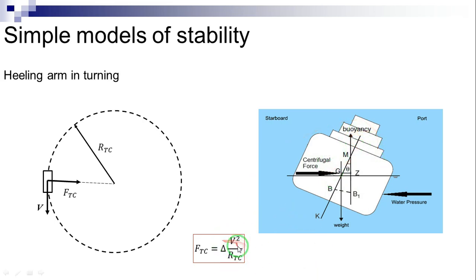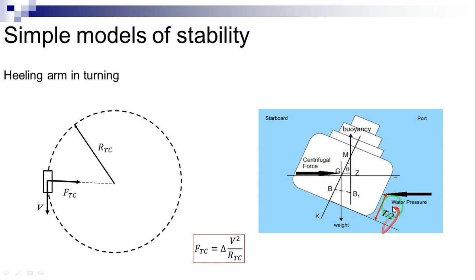Under the influence of the force FTC, the ship tends to drift, a motion opposed by the water with the reaction R. To simplify calculations, we assume again that the water reaction acts at half draft, i.e. at a height T divided by 2 above the baseline.